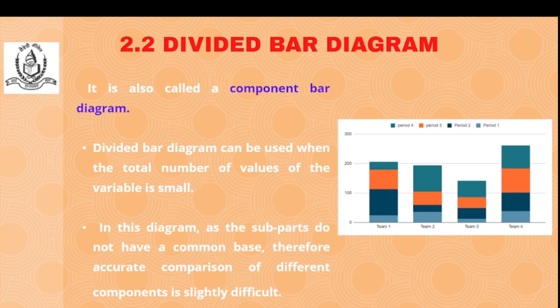Also, the second limitation is that because in a divided bar diagram the subparts are represented as stacks upon one another and they are not sharing a common base, a comparison between different components becomes slightly difficult. Again, one thing I should mention here, like we discussed for simple bar diagram, divided bar diagram can also be represented with the help of either vertical bars or horizontal bars.